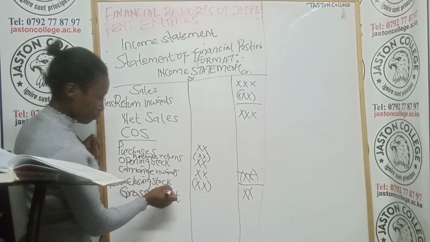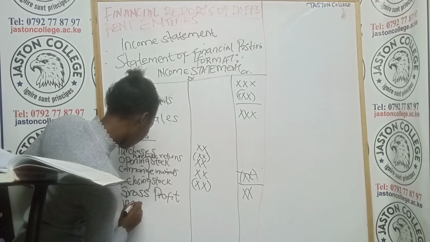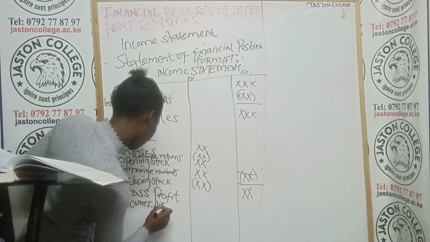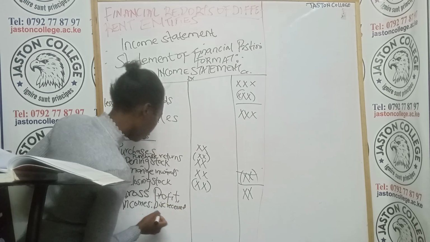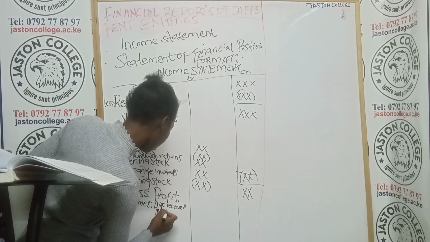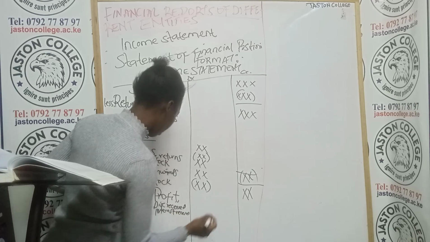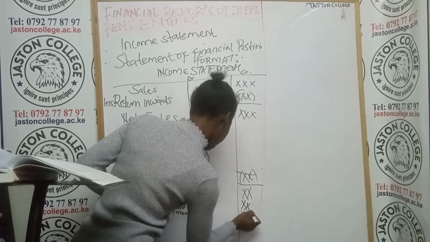Now we will add in the income. Let's say we have discounts received. We also have interest received. We add it to our gross profit.